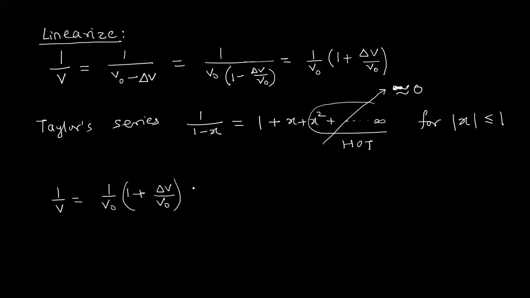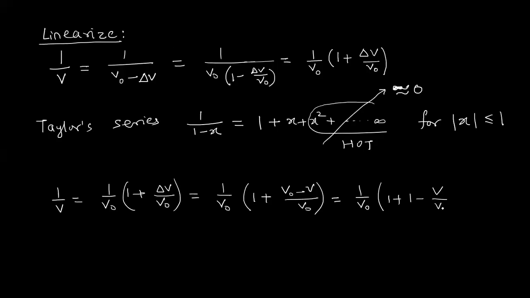Now let us simplify again. So this is 1 by v naught times 1 plus delta V. What is the delta V? From this equation, it is V naught minus V. So this is V naught minus V divided by V naught. Let us separate: V naught by V naught is 1, minus V by V naught.